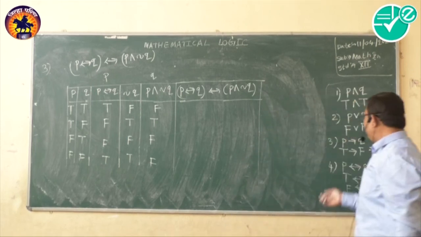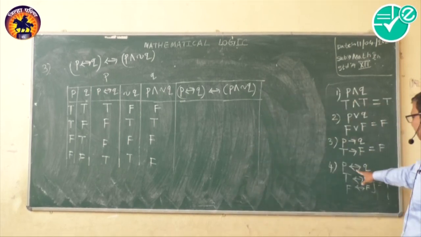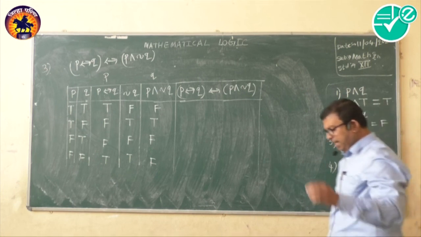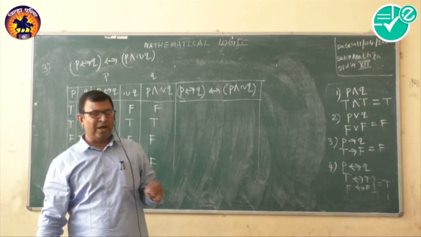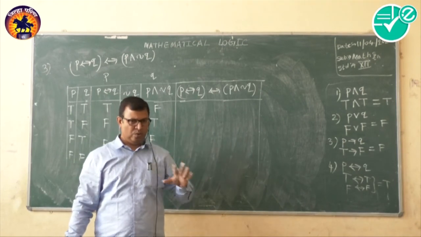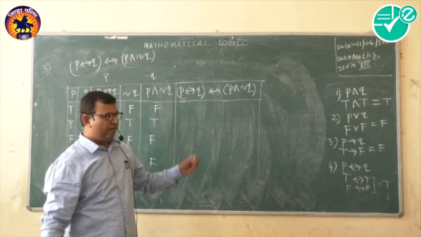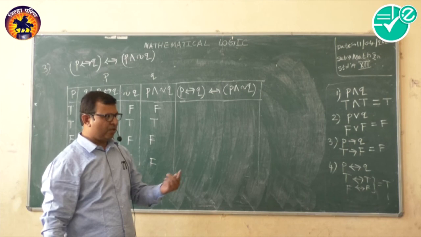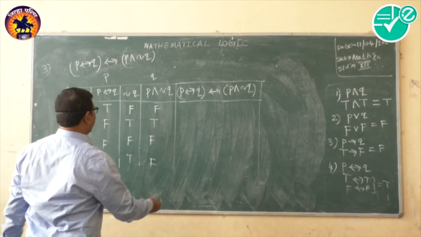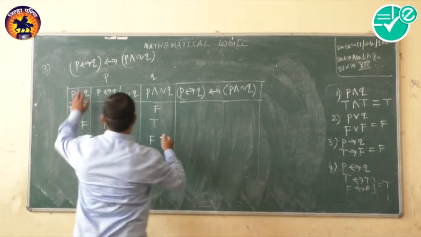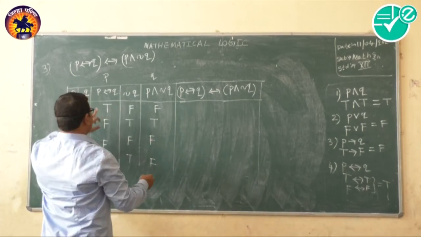Now what does double implication say? Double implication says if P and Q have the same truth values, then it is true. Same truth value means true, true, that is true. False, false, that is true. Now how can we solve this?